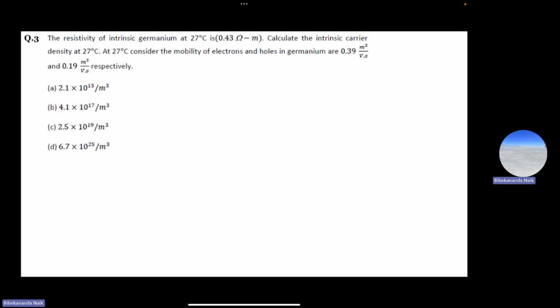So we know the expression for conductivity is N e mu E plus P e mu P. And for intrinsic semiconductors, both N equals P equals Ni, that is the intrinsic carrier density.